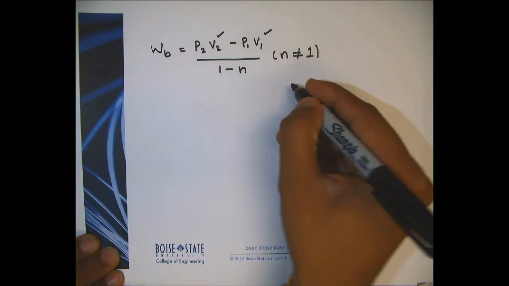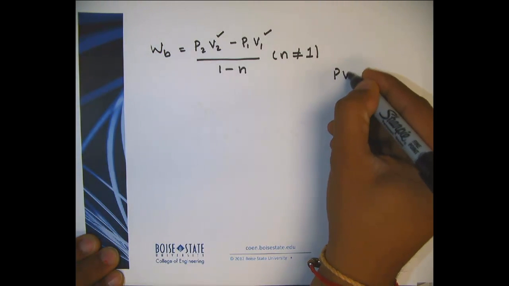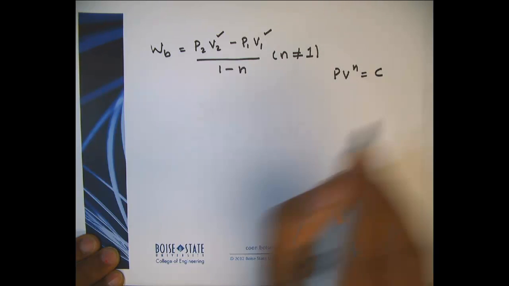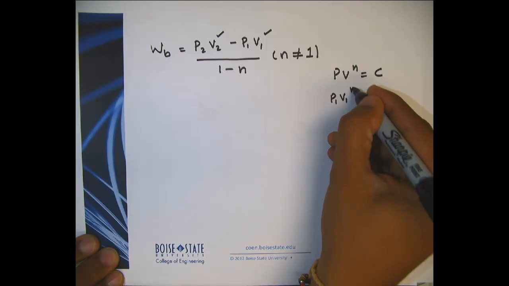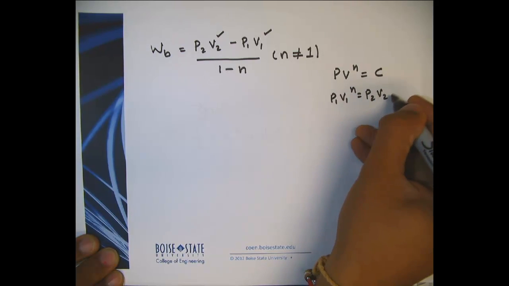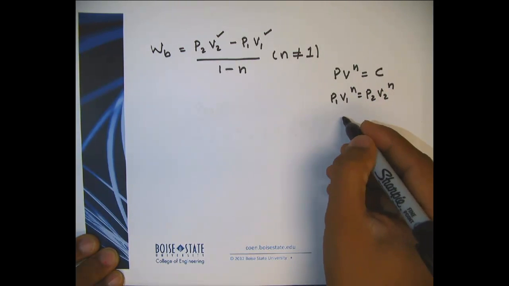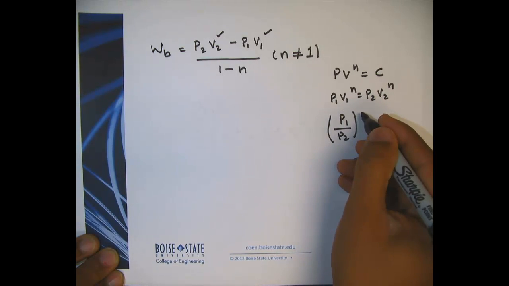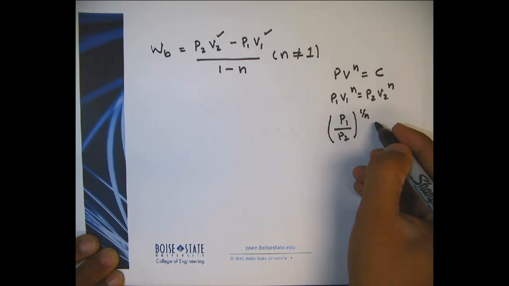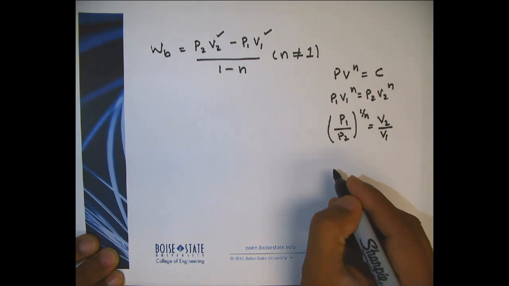So one way to do this: I know that it's a polytropic process, so PV to the power n is a constant, or P1 V1 to the power n is P2 V2 to the power n. If I do a little bit of algebra, I can come up with P1 over P2 raised to the power 1 over n is equal to V2 over V1.